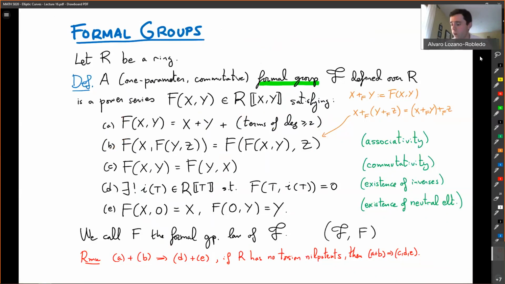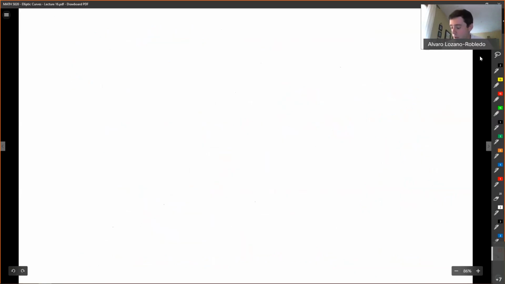All right, so what else do we need? Again, like mathematicians do, once you have an object, we also want maps between those objects. So let's define what a homomorphism of formal groups is. Let's start with two formal groups.